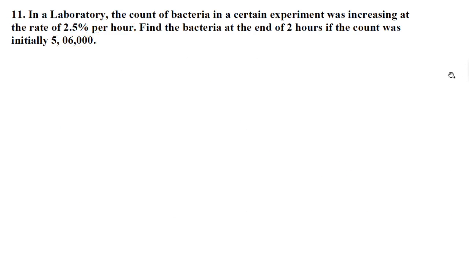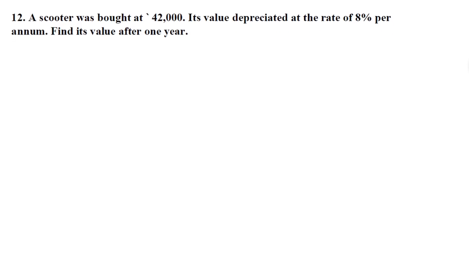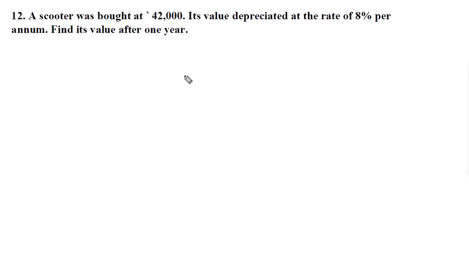Now we'll move to the next question, question number 12. A scooter was bought at rupees 42,000. Its value depreciated. Depreciated means the value is decreasing at the rate of 8% per annum.